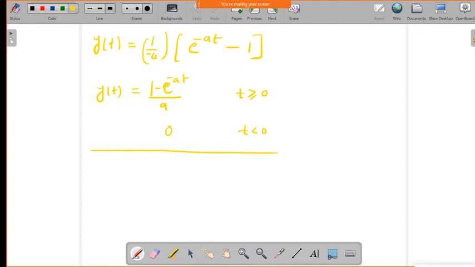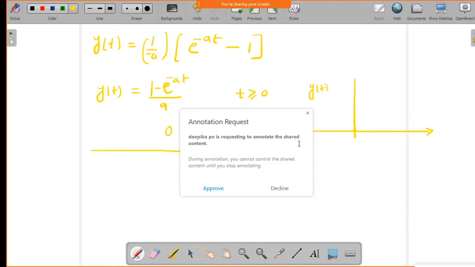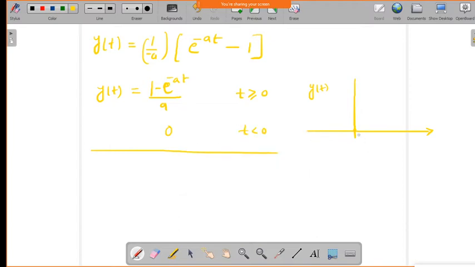Now we can plot this also. When t is equal to 0, the value of y of t will be 0.